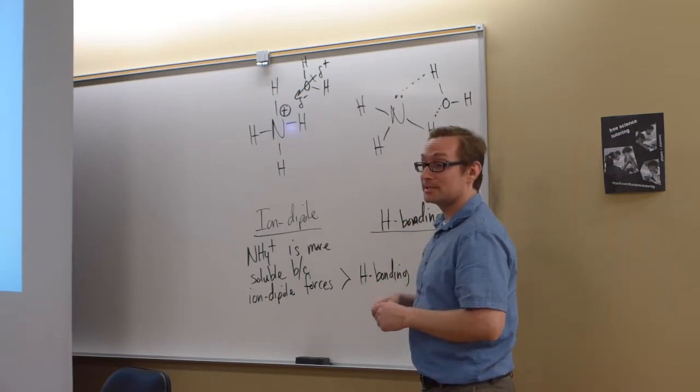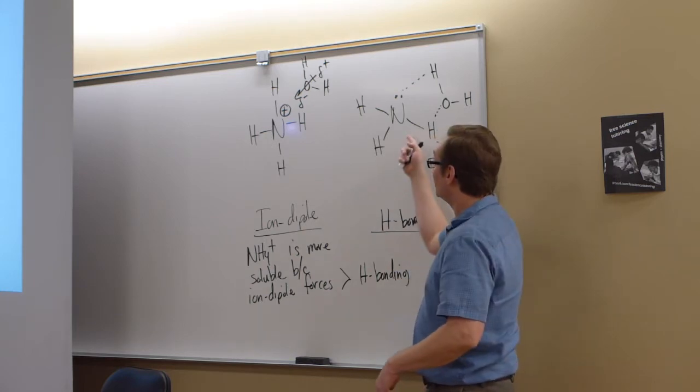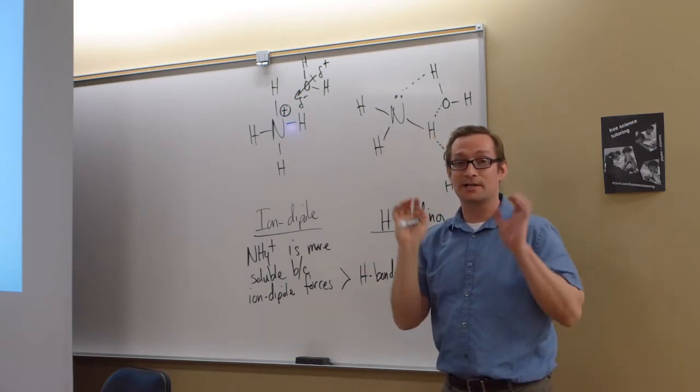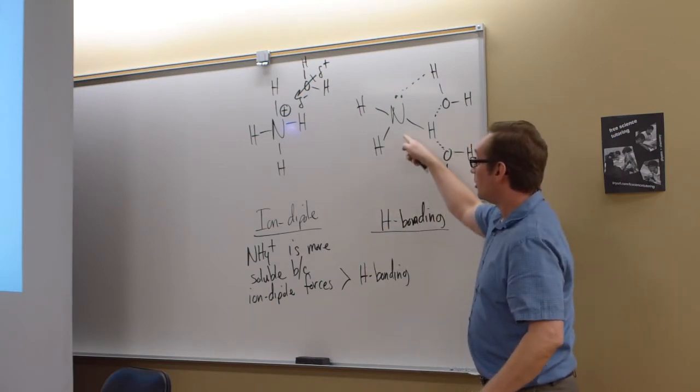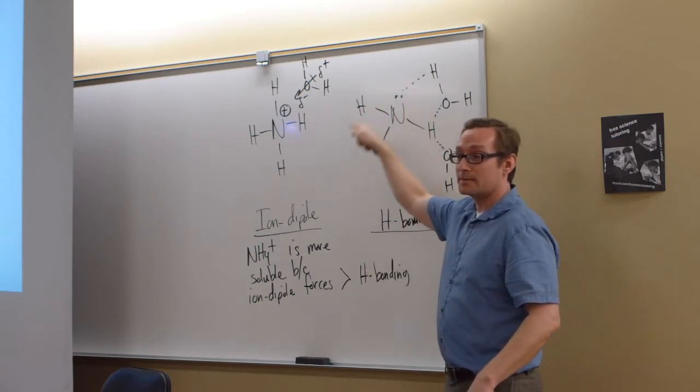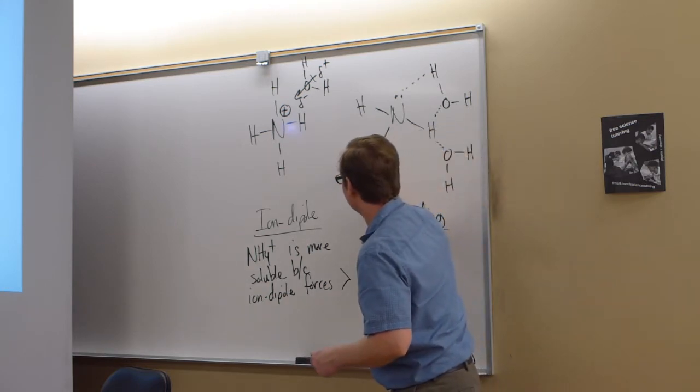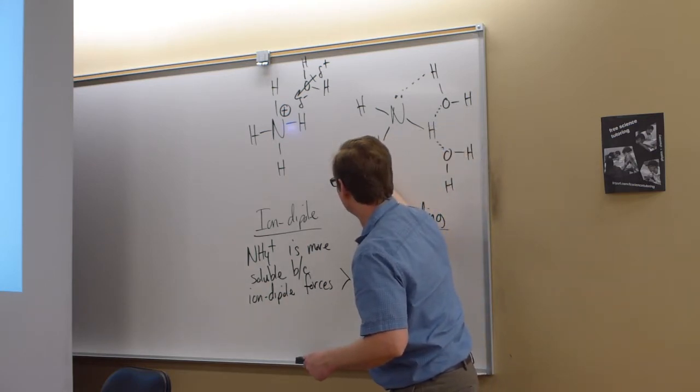Here's what happens in medicinal chemistry. Most of the compounds, certainly the active ingredients in the drugs I threw out at you right now, are all amines. They're all ammonia type compounds.